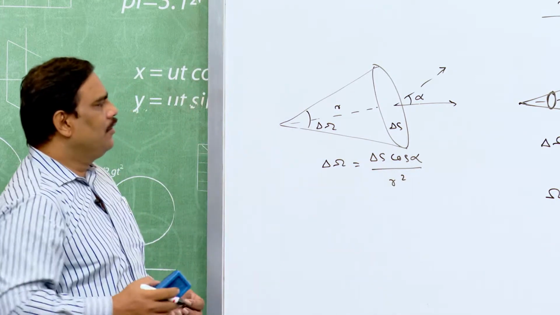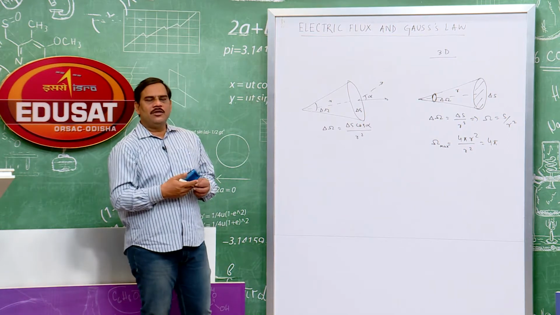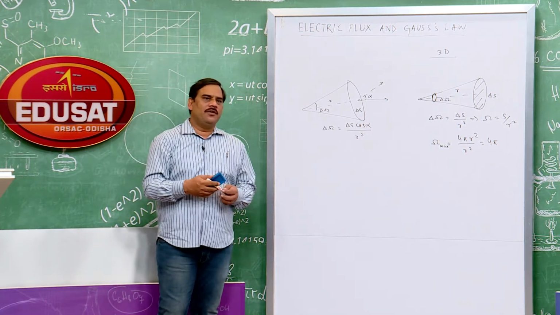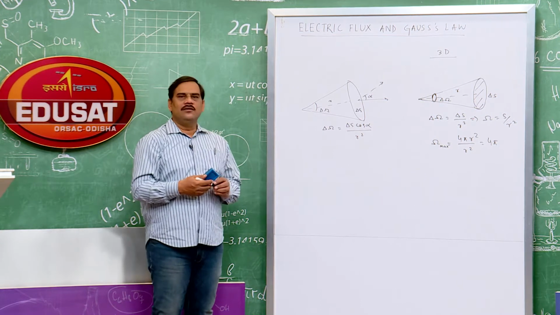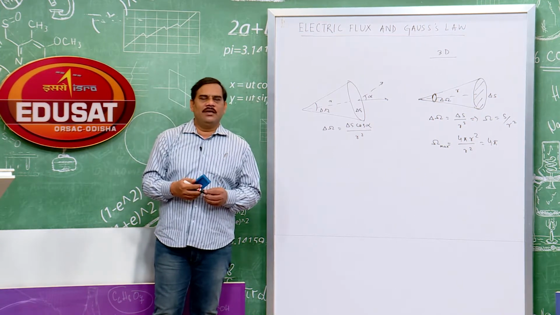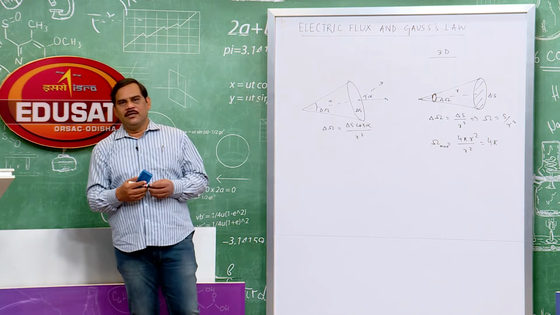So, in this way we can calculate the amount of solid angle which is formed at the center due to a surface when it is exposed to an electric field.